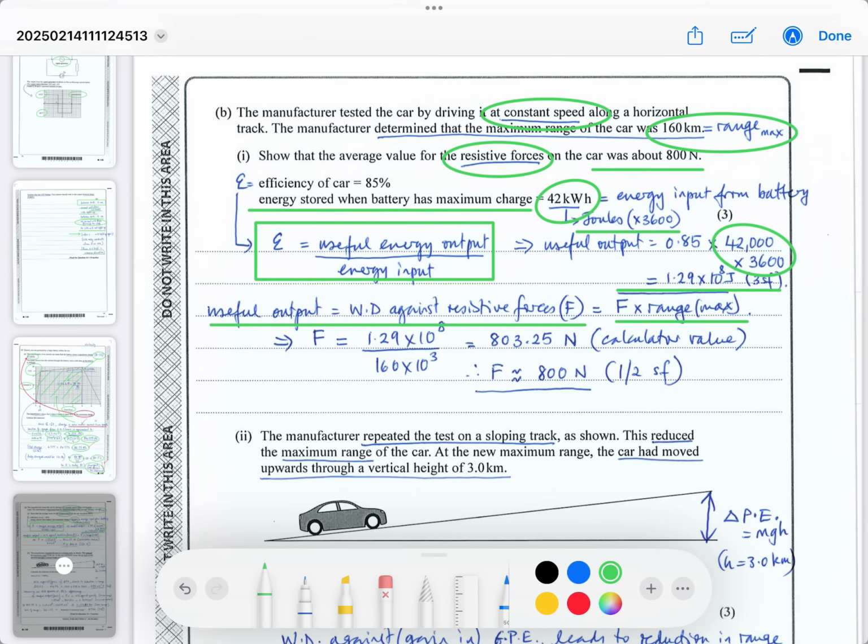We know the useful output was 1.29 times 10 to the 8 divided by the range, and you get an answer of 803.25, accurate value or calculator value, and then you round it up to 1 or 2 significant figures. Either way, you have shown that the resistive forces doing the work against the energy of the car is using it up at 800 newtons approximately.